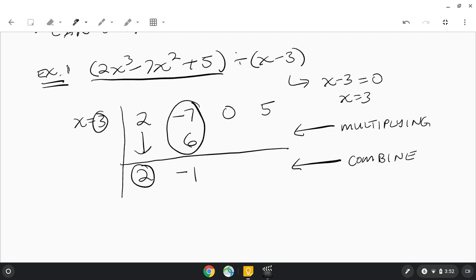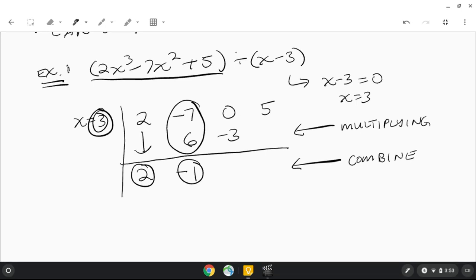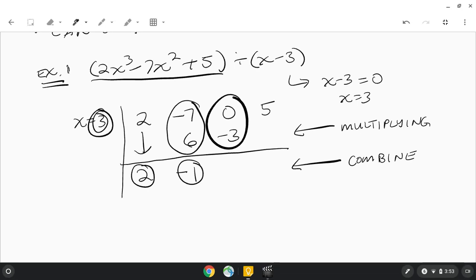And then I repeat that process. So I'm going to get the number next to 6 by multiplying. I'm going to multiply -1 times the outside number, which is -3. And then I'm going to combine these: 0 and -3 gives me -3.